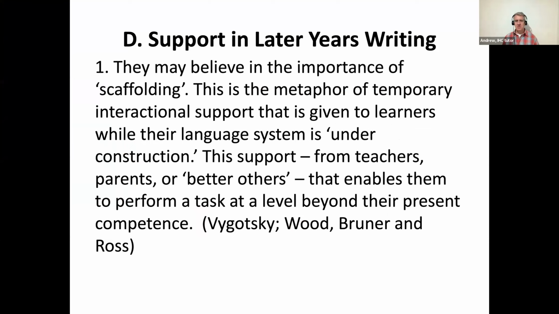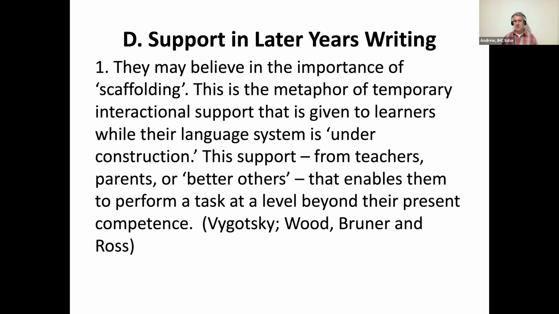This support can come from teachers, parents, or others, it doesn't have to be teachers or parents. It could be an older brother with more skills than the younger brother. And that enables them to perform a task at a level beyond their present competence.